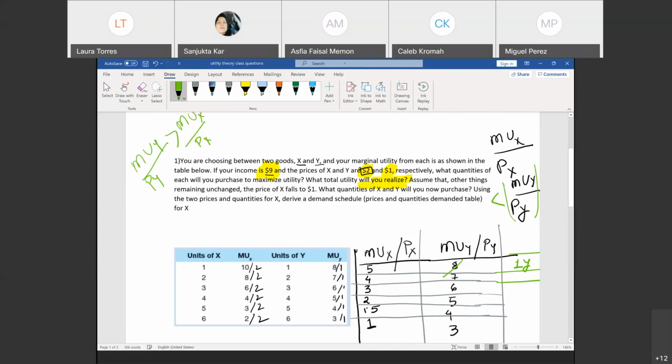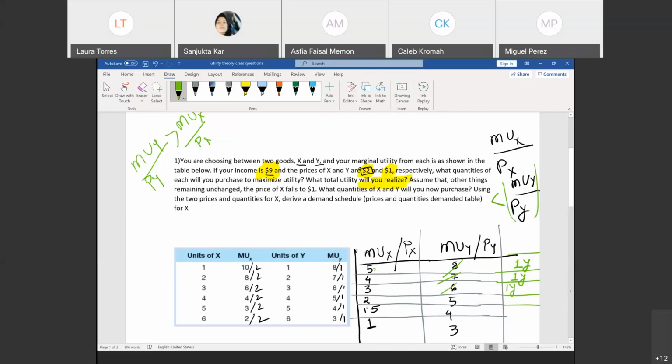So I'm going to buy my second unit of Y. All right, I'm going to strike the 7 off. Next, I'm going to compare 6 to 5. I didn't really buy any unit of X yet. So 6 is greater than 5. I'm going to buy 1 more unit of Y. Okay, that's all I did.